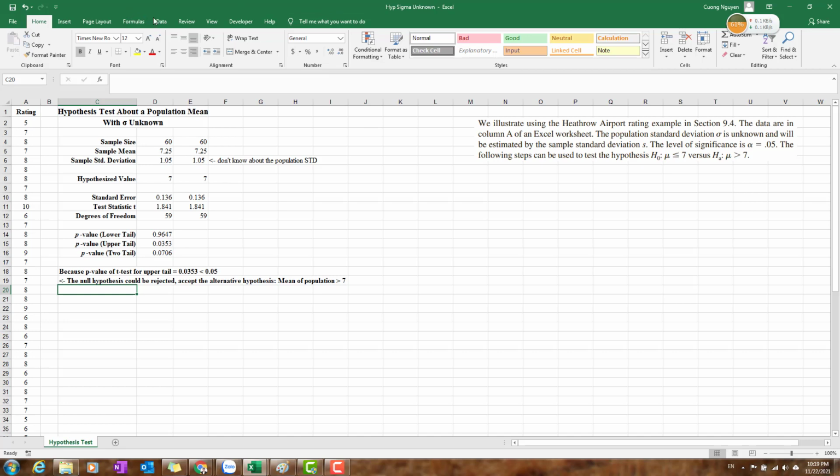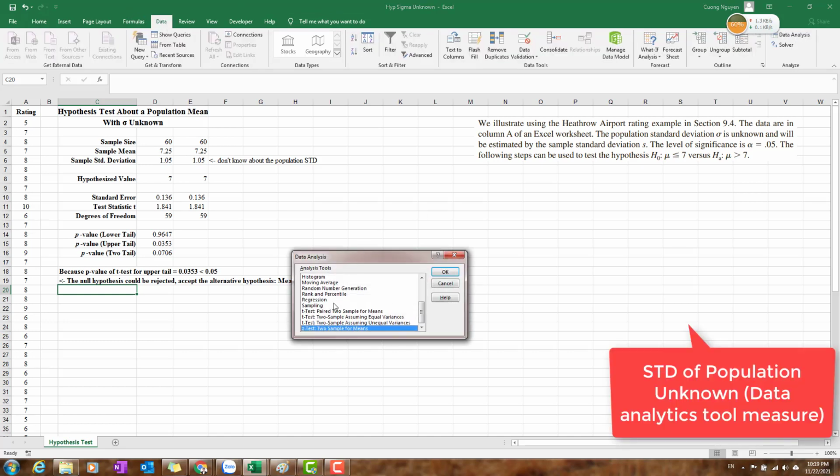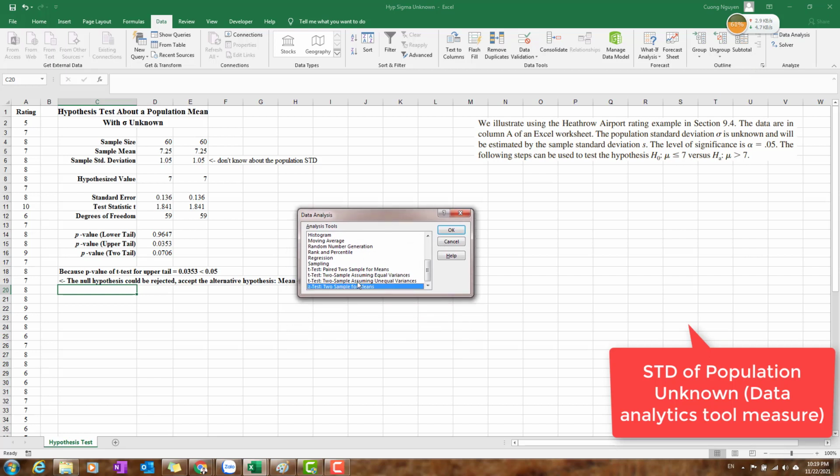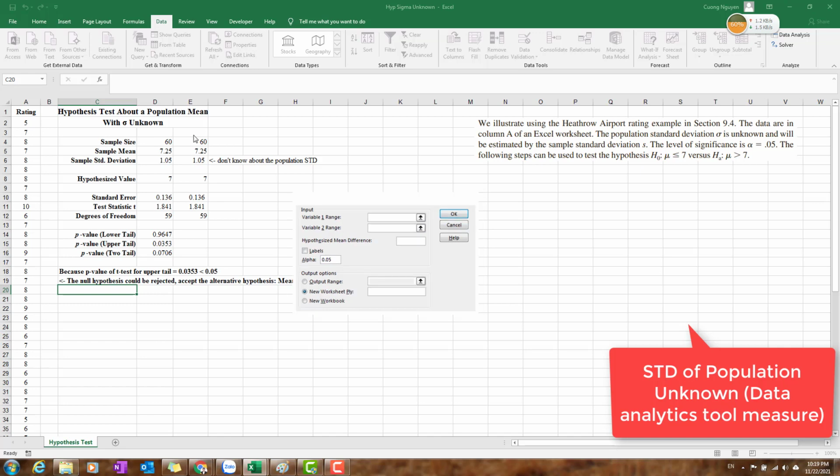And of course, in another way, we can use the data analysis tool one more time. Because over here we don't have a one-sample mean test, we have to use a small trick by using the t-test of two samples assuming unequal variance. To do that you need two variables at the same time.